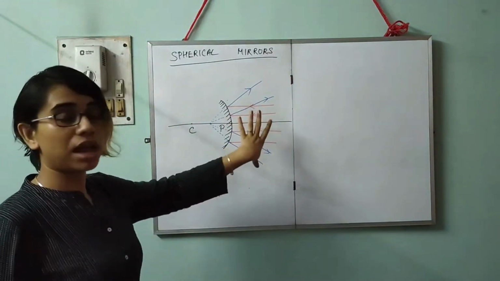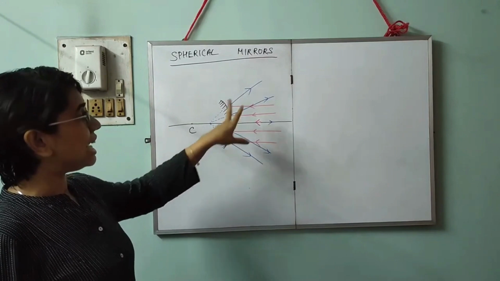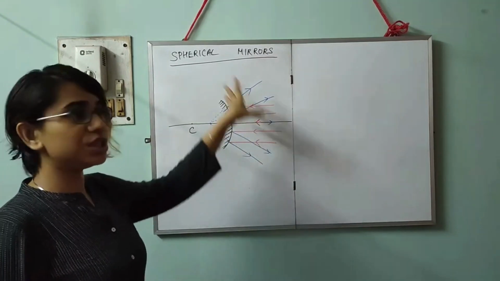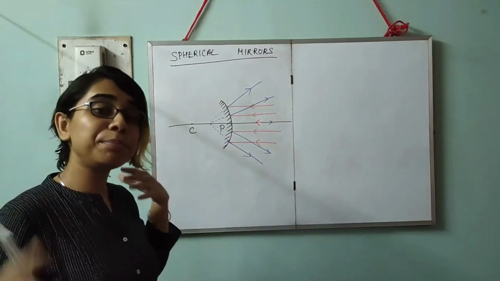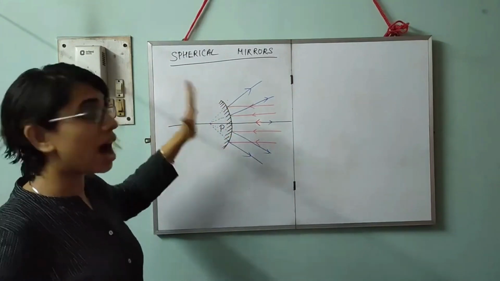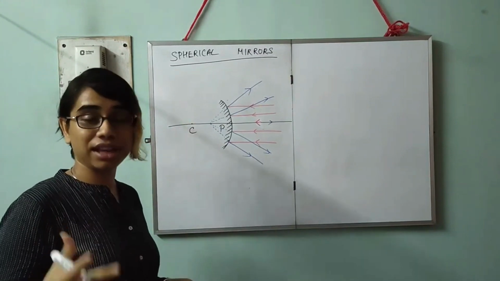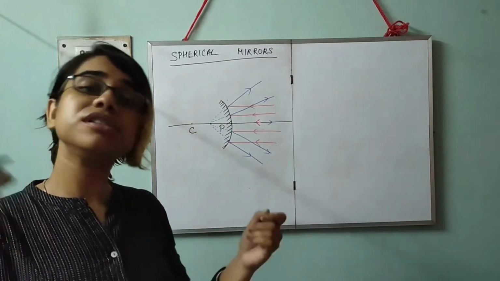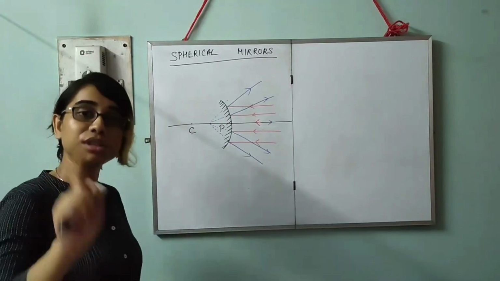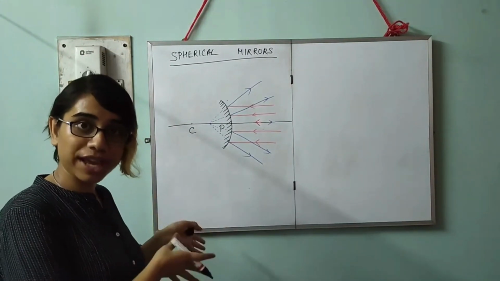So all the rays are parallel to the principal axis. And the reflected rays are diverging, and it appears as if it is coming from a point behind the mirror. This point where the reflected rays appear to be coming from is known as the principal focus of the convex mirror.